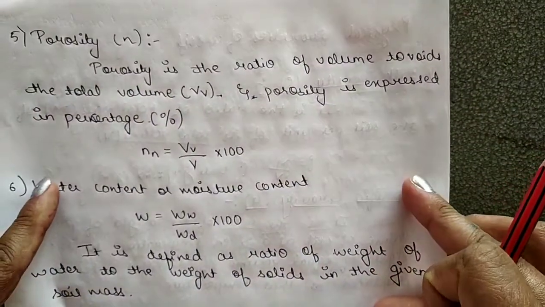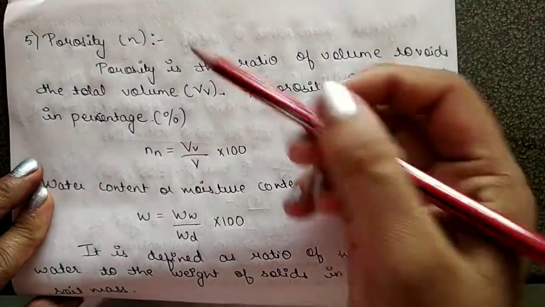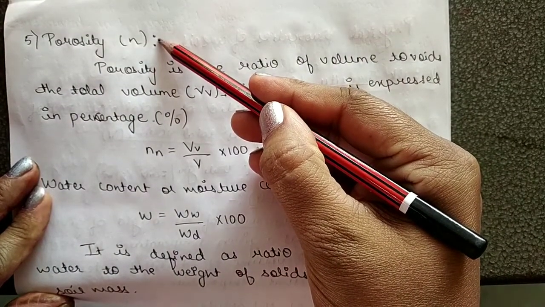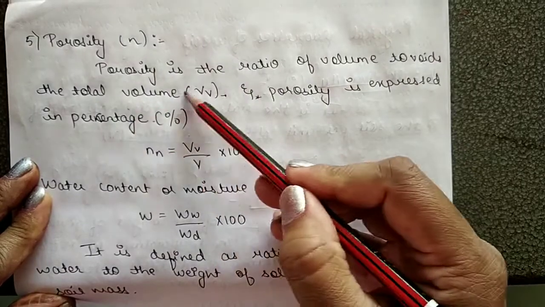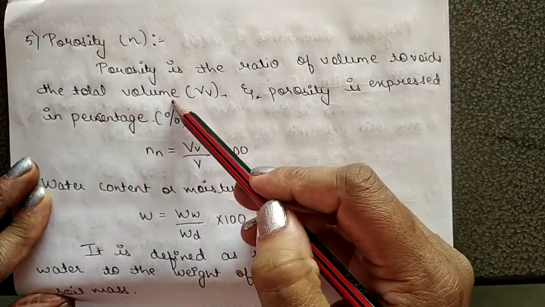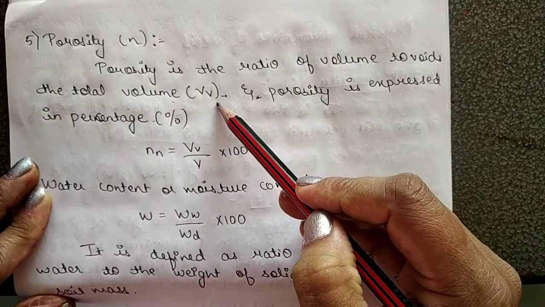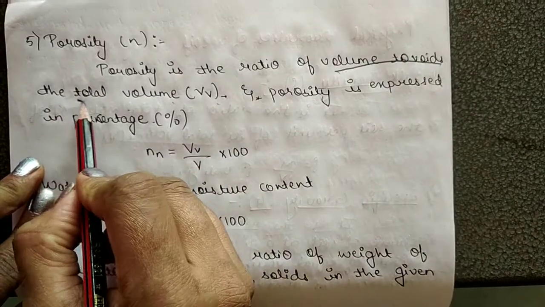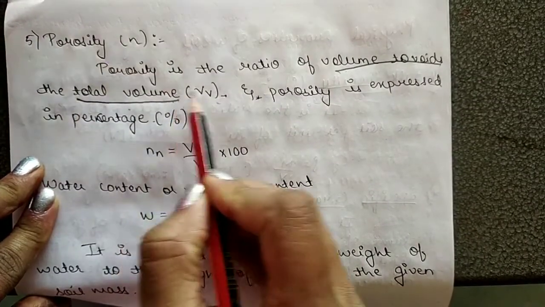The next definition is porosity. Porosity is denoted by n. The definition for porosity is the ratio of volume of voids to the total volume of soil. Understand?